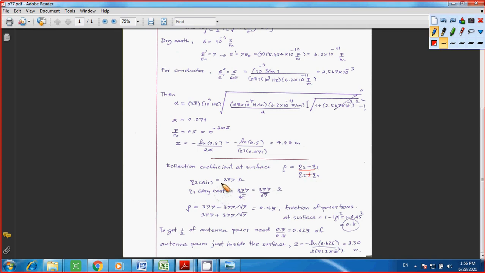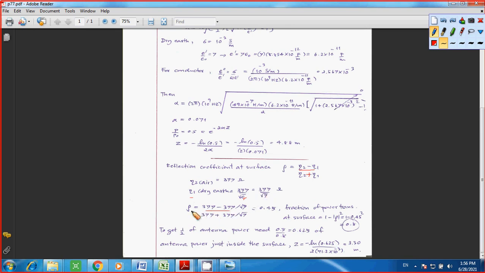For the air, your eta is equal to 377 ohms, or square root of mu 0 over epsilon 0, right? And for dry earth, eta is going to be 377 divided by square root of epsilon r. Sorry, this is supposed to be epsilon r.